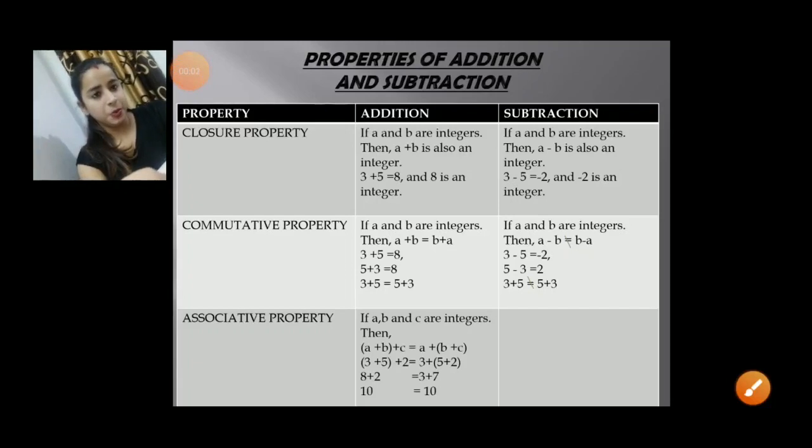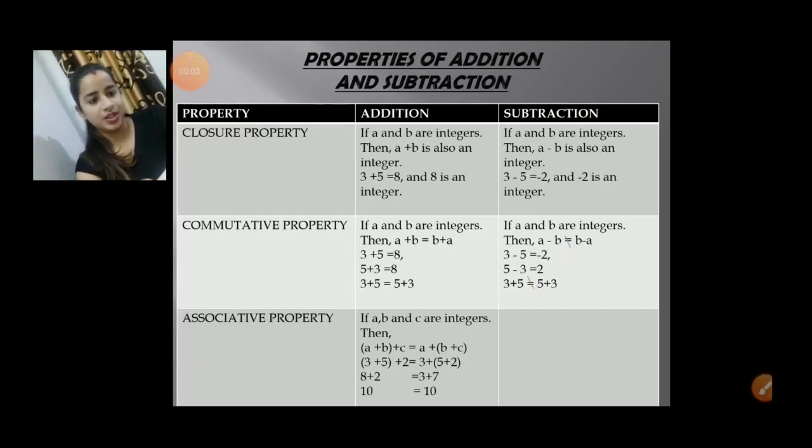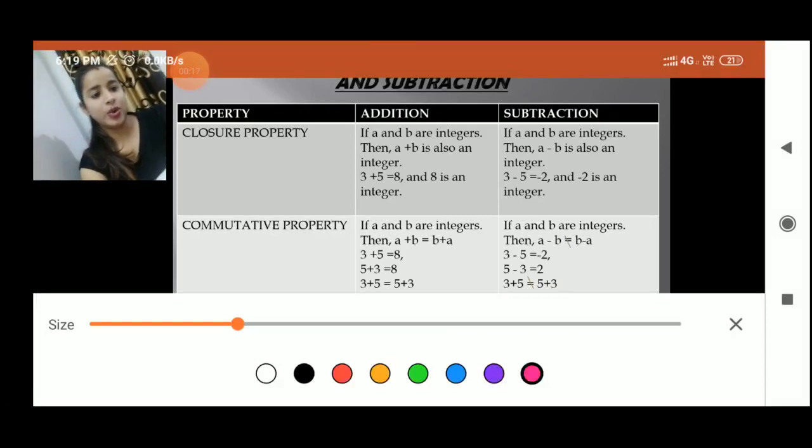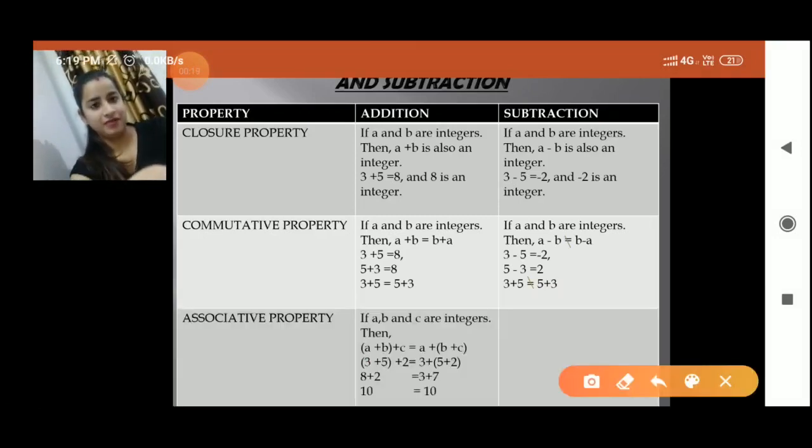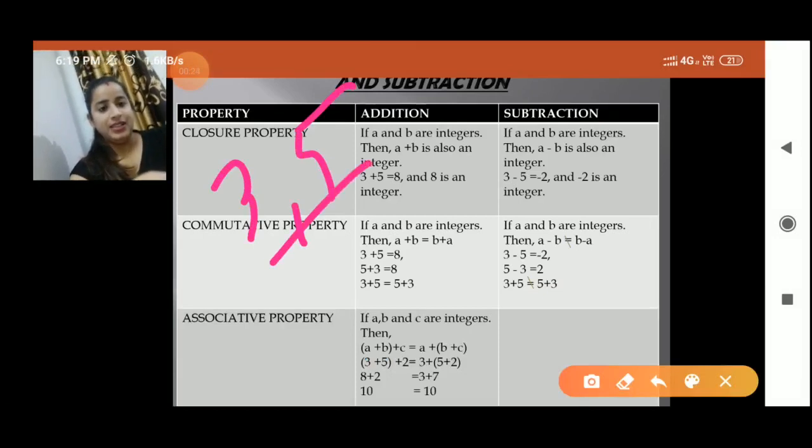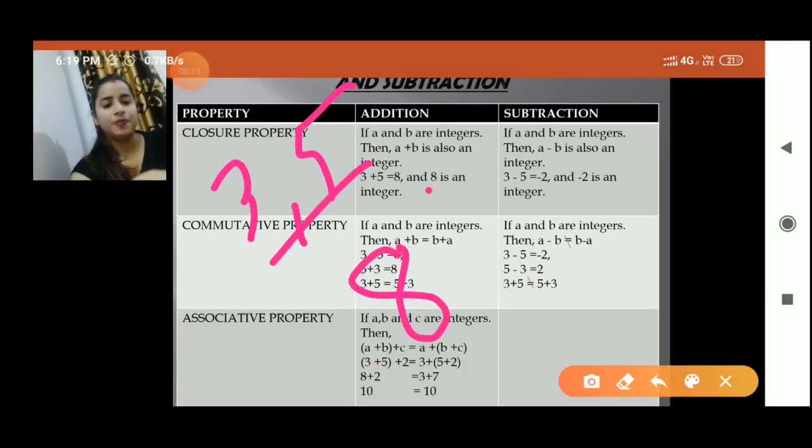Now we will do properties of addition and subtraction. The first property is closure property. If a and b are integers, then a plus b is also an integer. For example, if we take two integers 3 and 5 and add them, that equals 8.